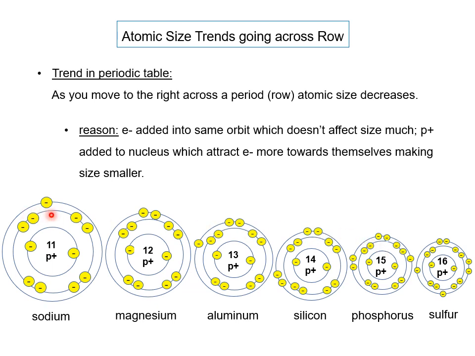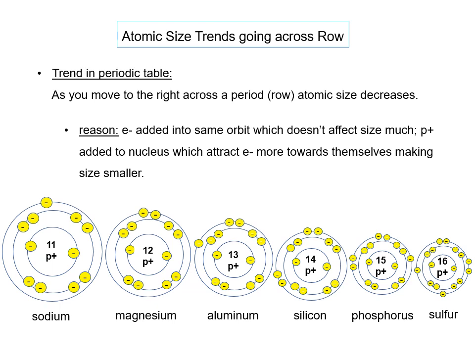As I go from left to right, the electrons are added into the same shell. But because I'm adding more protons into the nucleus, those protons are able to move the electrons more towards themselves, so they make the size of those orbits smaller, because they attract the electrons more.